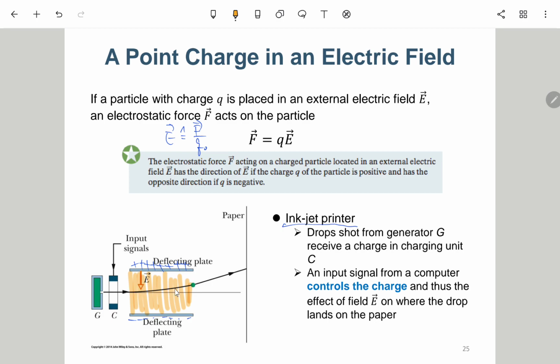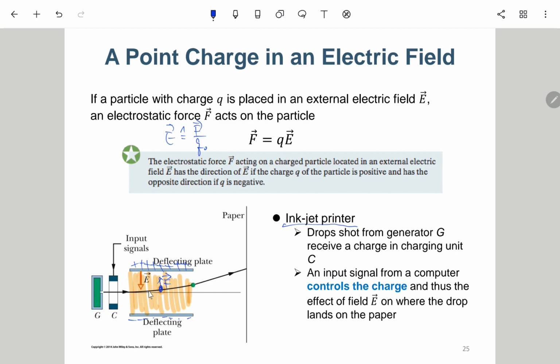For example, at this point, E is pointing downward and the charge is negative, so the force will be pointing upward.